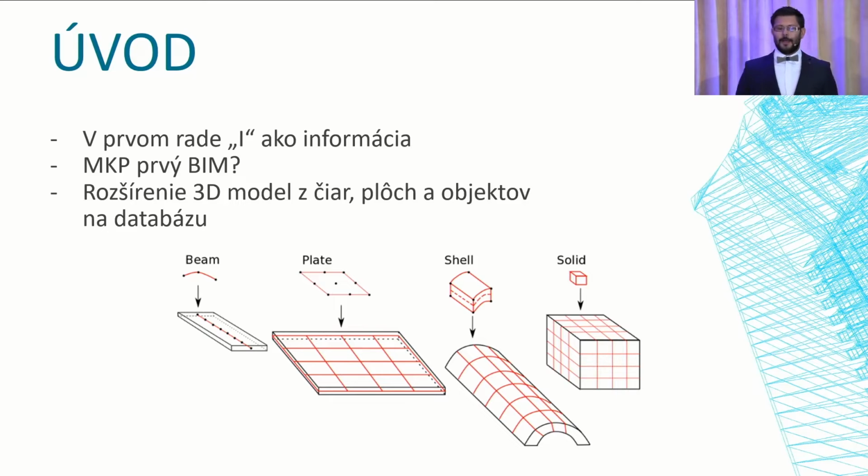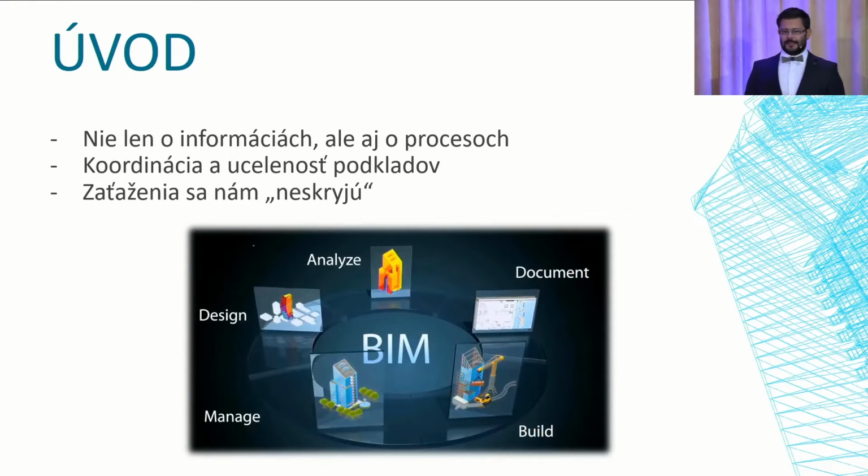Now we are trying to use these 3D models and extend it with the results of the analysis. Of course, it's about data exchange, about having a shared data storage, and then we can see the statical load and also the dynamic load from technologies.